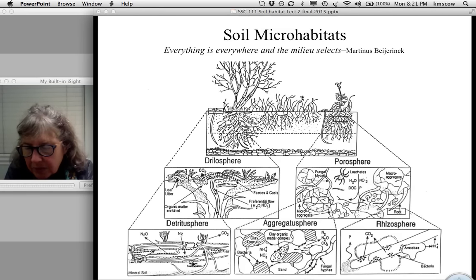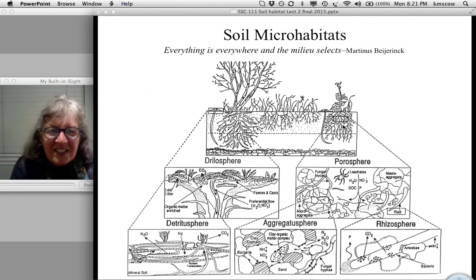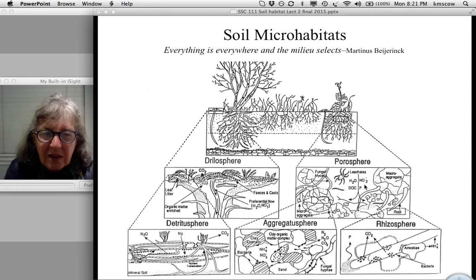Here are some gases being produced at different locations in this drilosphere. Over here we have the porosphere, which is the name given to the soil around the plant root.